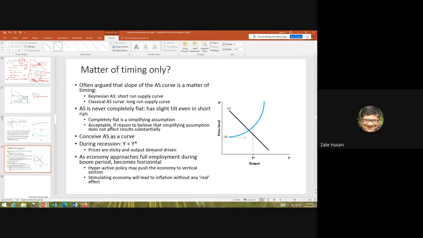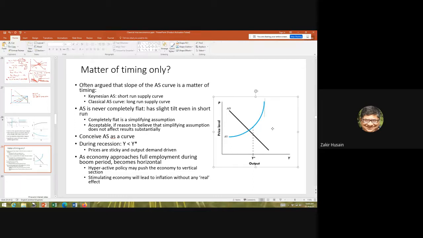Prices are sticky, output is demand driven. But as the economy approaches full employment during boom, the supply curve becomes vertical.